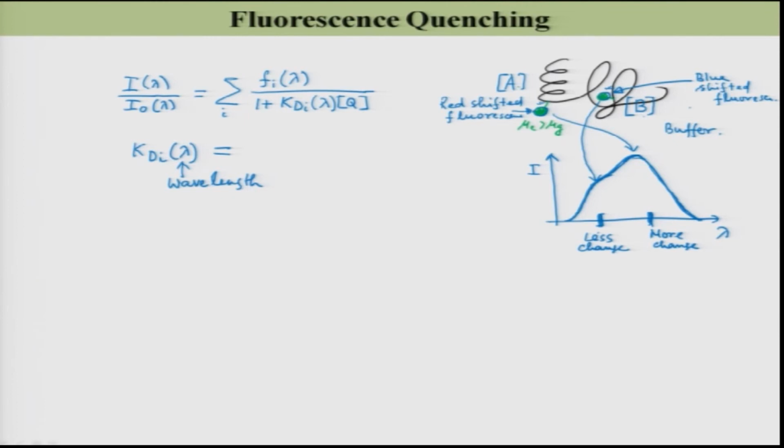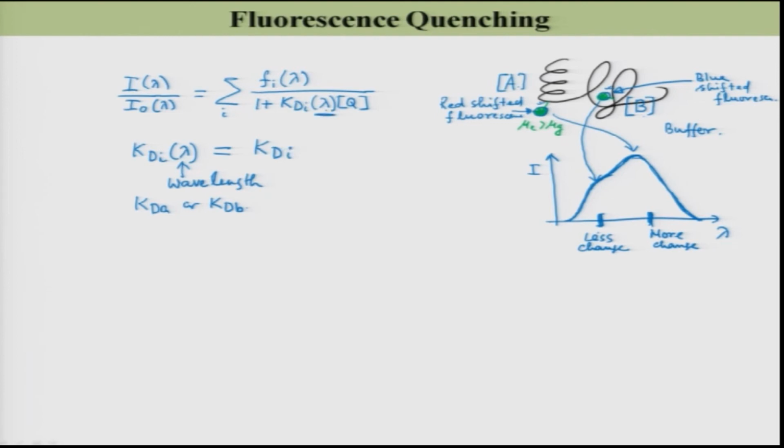So, whether for a particular site, either k d A or k d B, it depends on the wavelength? Obviously no. So, I should write only k d i.